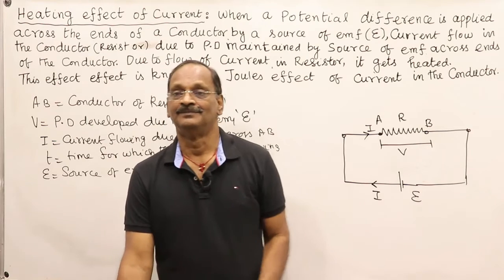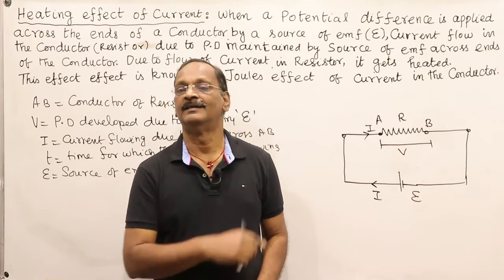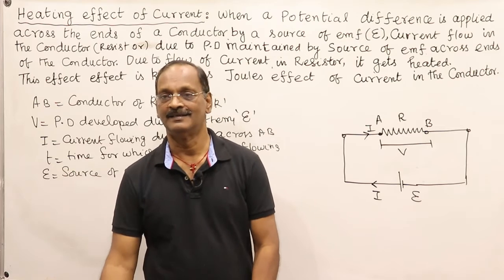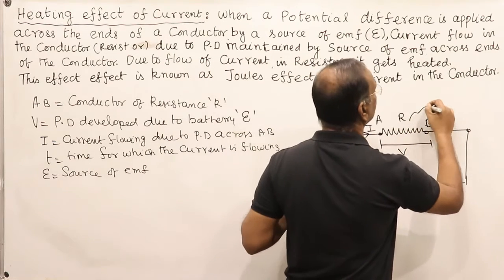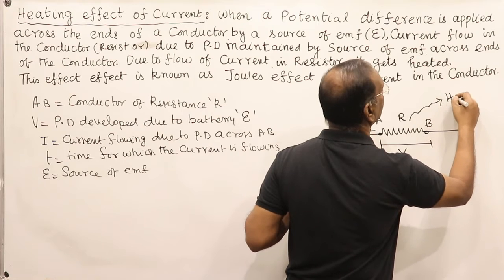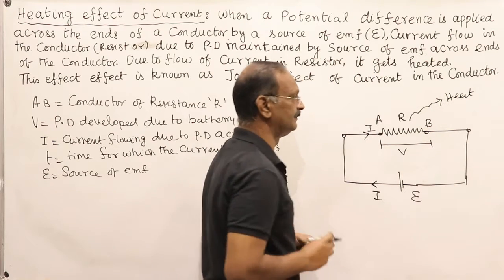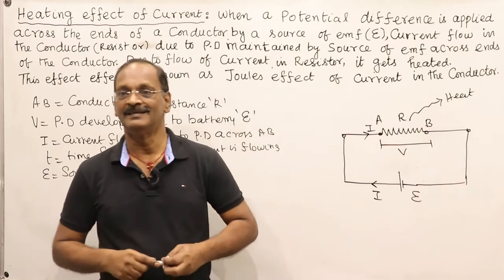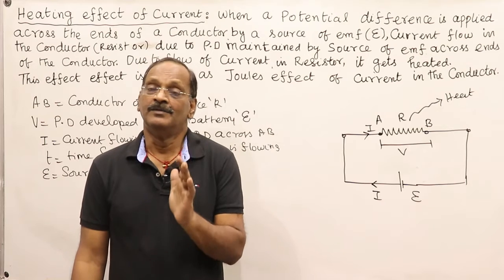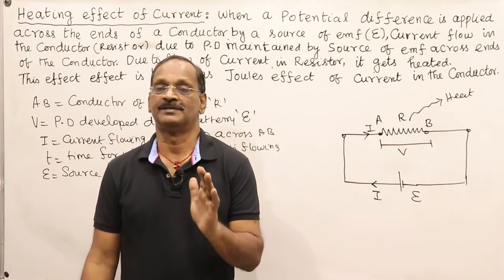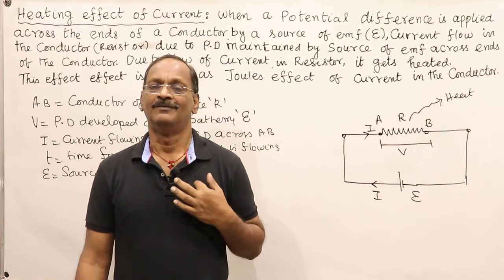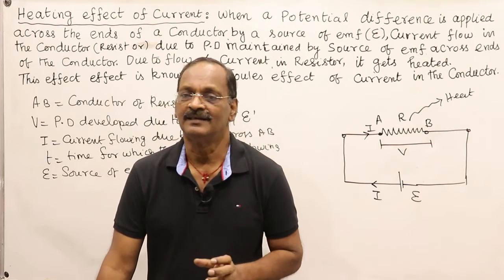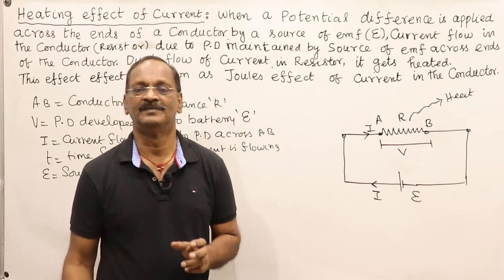So, when the current is flowing through a conductor, through a resistor, heat is produced in the conductor. It means it is a type of energy, heat energy. So how is the amount of heat produced when current flows in a conductor of resistance R in a given time?